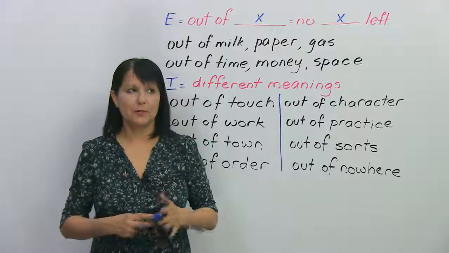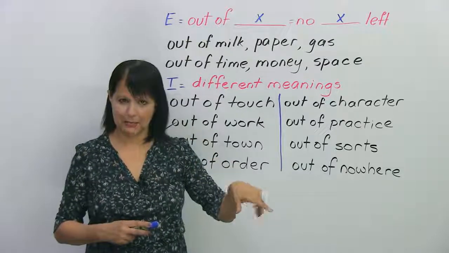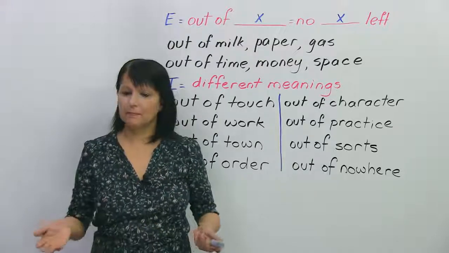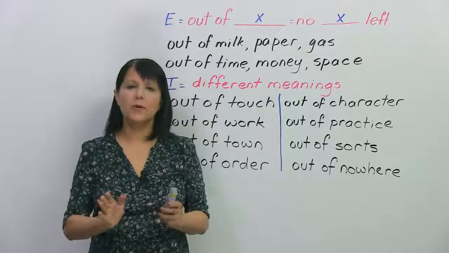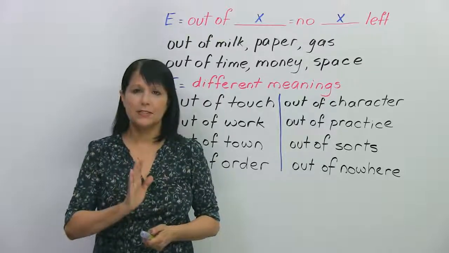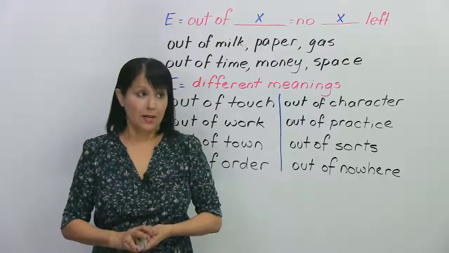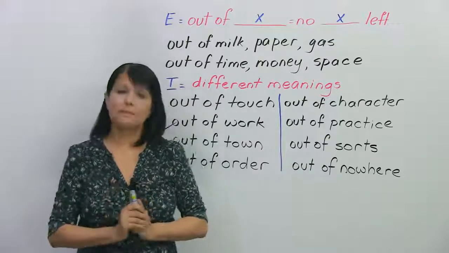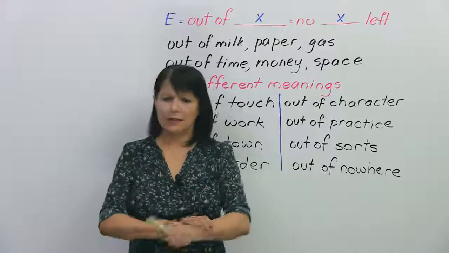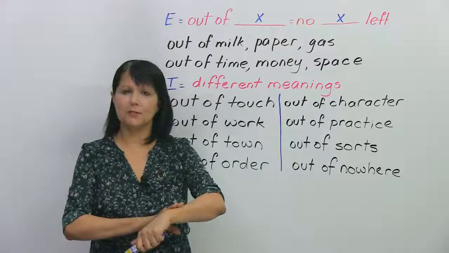So for example, let me give you the example first and then I'll explain. All right. So let's say that Mary is a very reliable person and she always does whatever she says she's going to do. And she always tells you if she's going to be late or this or that, right? And today, she was supposed to be here at 7 o'clock.